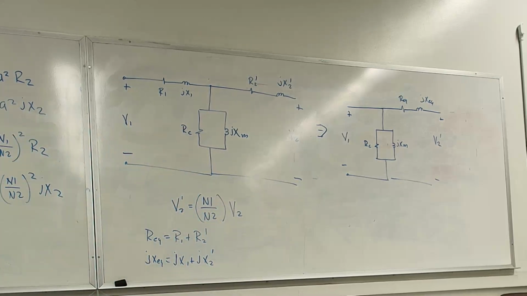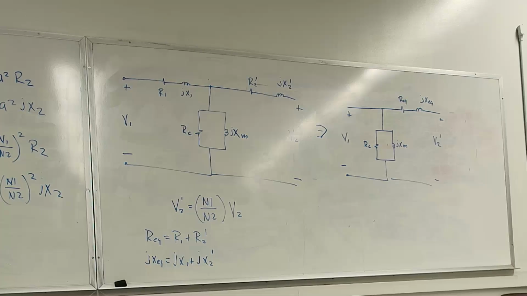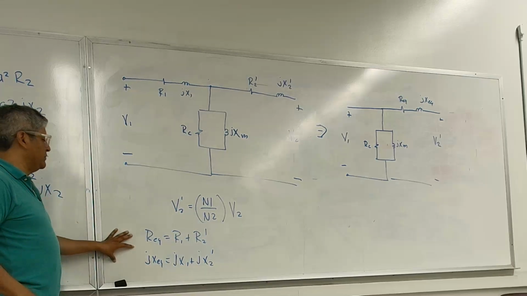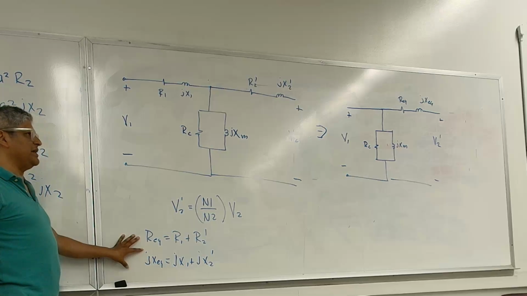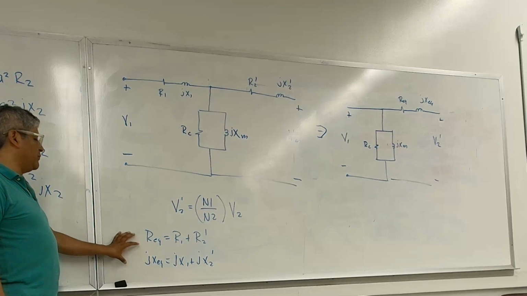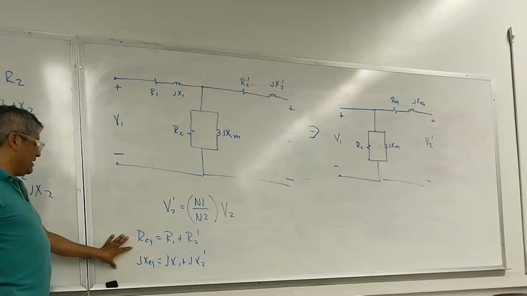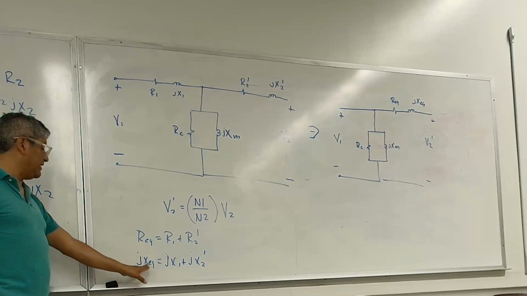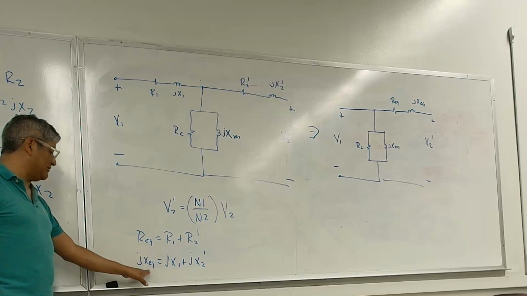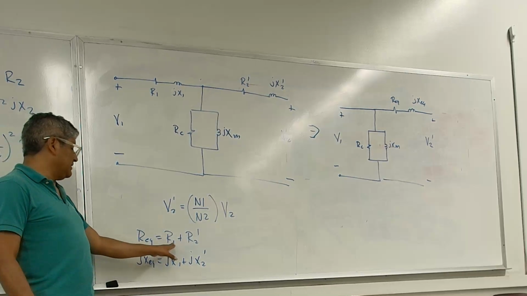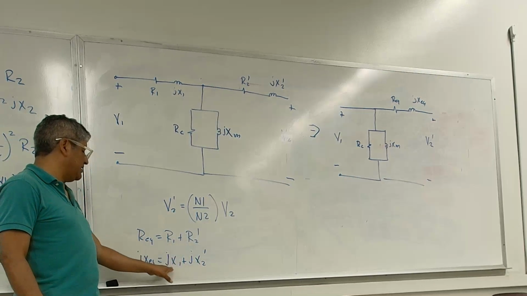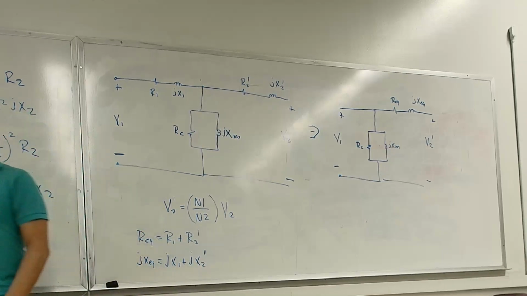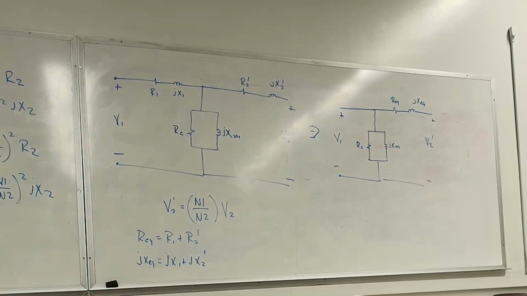Okay, now here's the piece that I was going to tell you. When you go look at a transformer nameplate, or when somebody gives you the transformer reactance, they will give you the equivalent value, meaning the addition of the primary and the secondary resistance and reactances. They never give you the values as separate values. Okay.